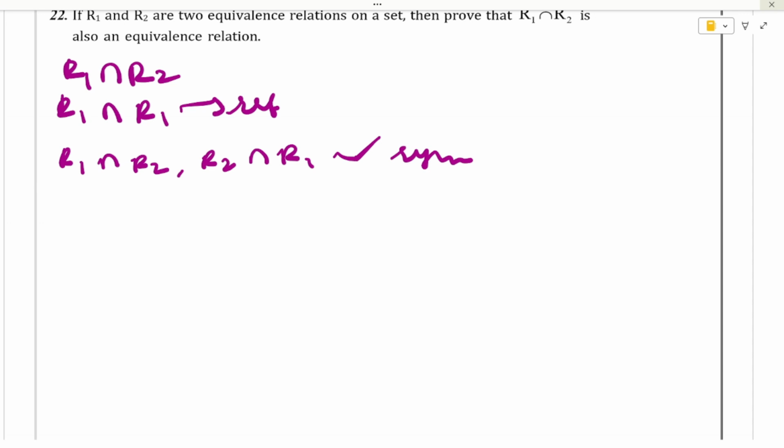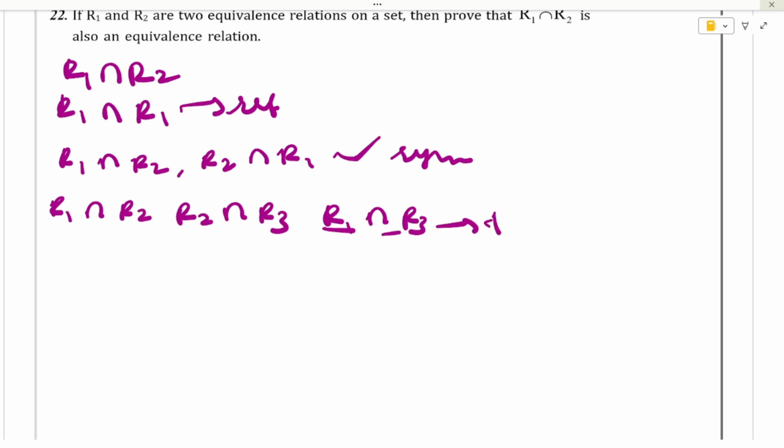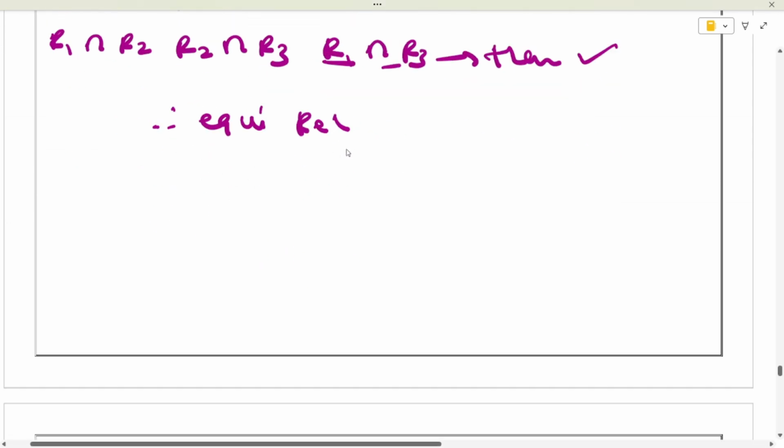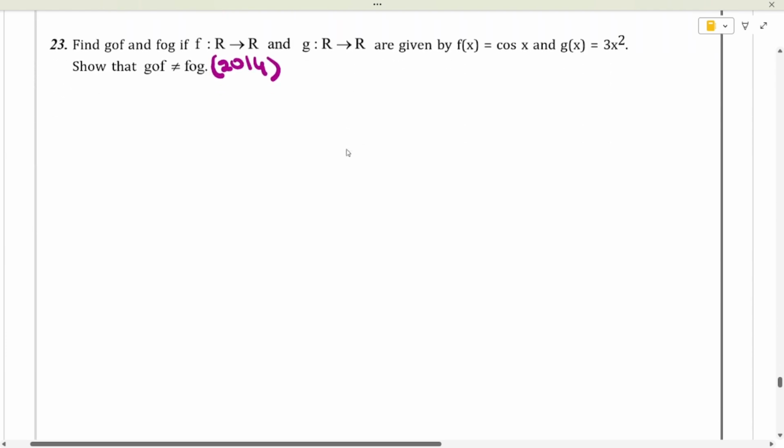Next, for transitive, R1 intersection R2 and R2 intersection R3, that means R1 intersection R3. That is common, right? Intersection means common elements. Transitive is also true. So you will say that it is an equivalence relation. I hope you are getting the concepts which I am saying.